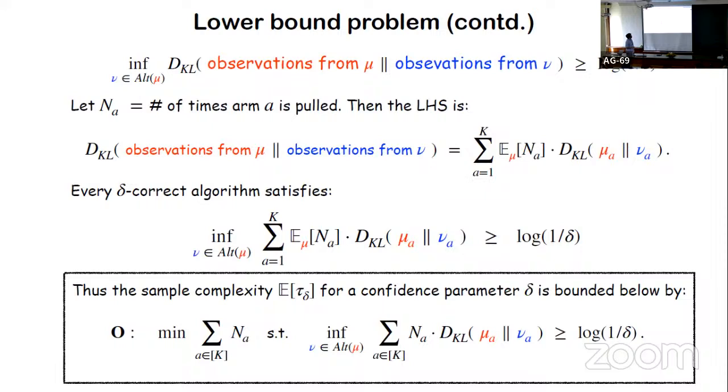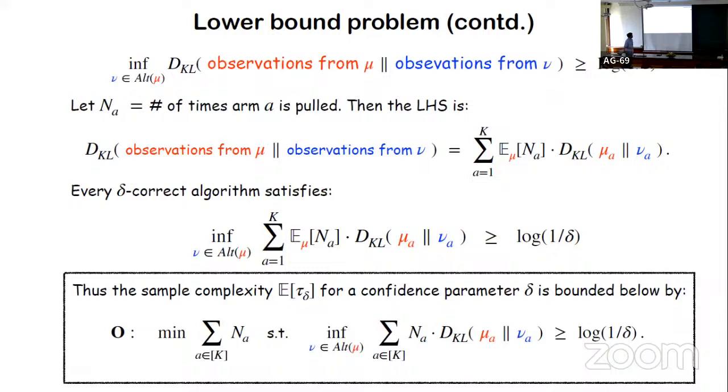So the KL divergence between the observations, between the samples drawn by the algorithm, decomposes in this nice way. We can decompose it as a weighted sum of KL divergences between the arms of the two instances, weighted by the expected number of samples drawn from every arm.